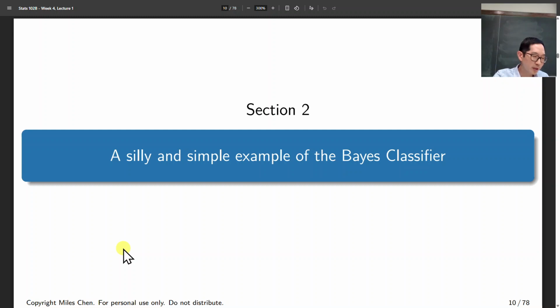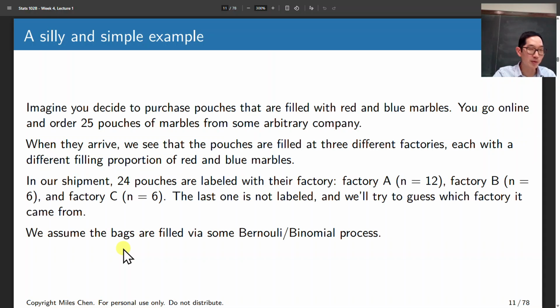All right, so we are going to try out a simple example, and we'll have a probability distribution, different possible classes, and we'll work through this. So we imagine that we buy these pouches, and the pouches are filled with marbles, and they come with red marbles and blue marbles. And we just order 25 bags from some company online.